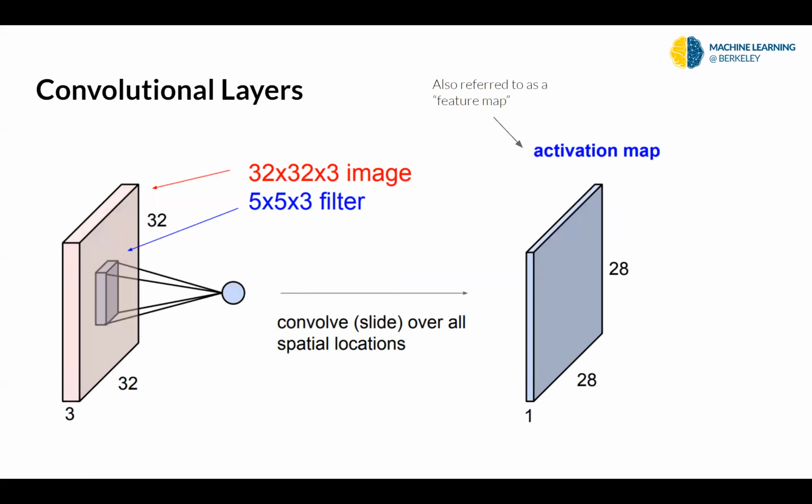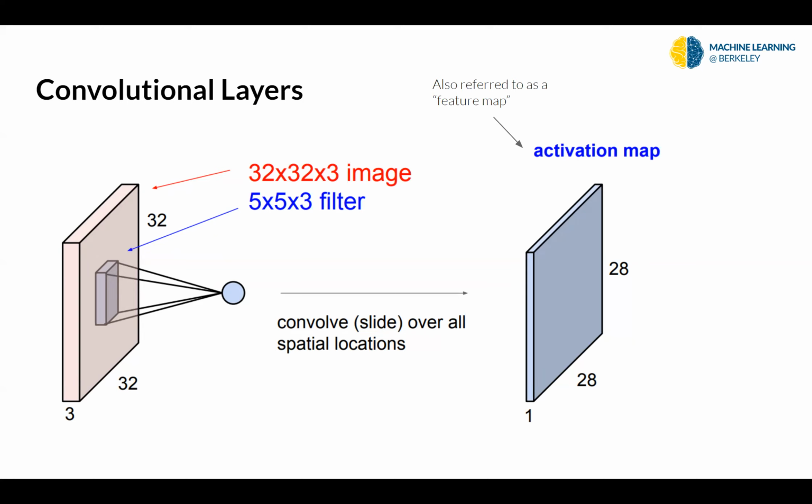Alright, so some things that we covered last time. This is the base of a CNN. We take our image and we run it through this filter. So we talked about convolutions last time. Given a certain filter, in this example, we have a 32 by 32 by 3 image.